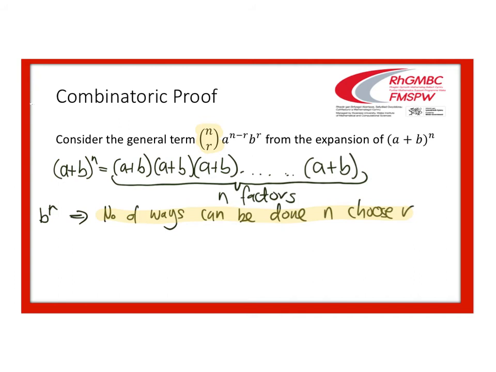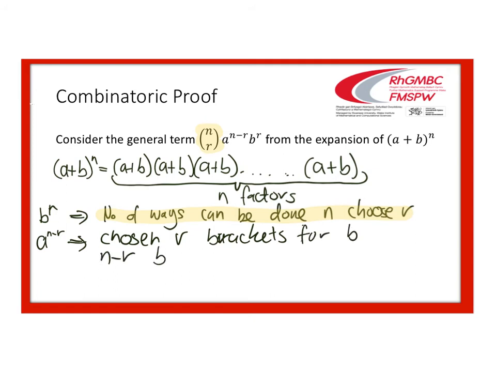Now, if we consider the a to the power of n minus r terms, we've chosen r brackets for b. So we chose r brackets to pick b from. That means there are n minus r brackets left.